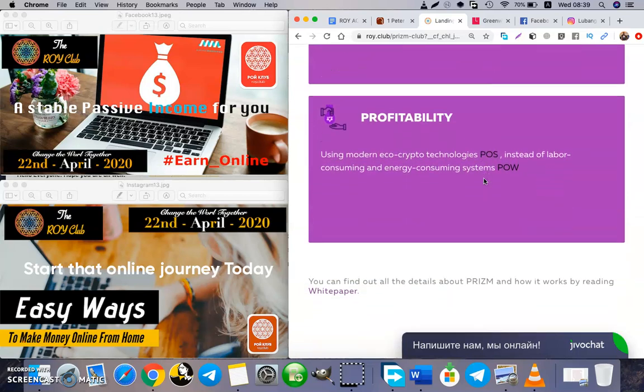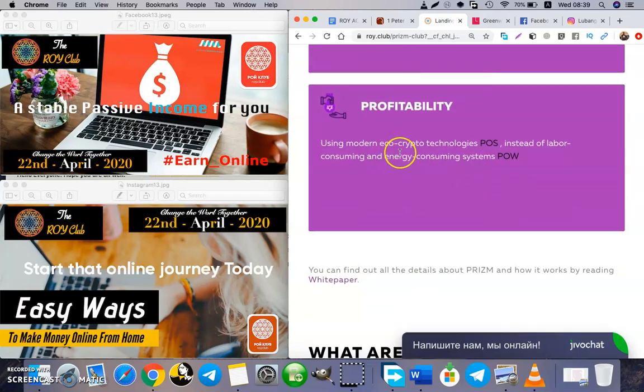Okay, so using modern eco crypto technologies, proof of stake instead of labor consuming and energy consuming systems, proof of work.